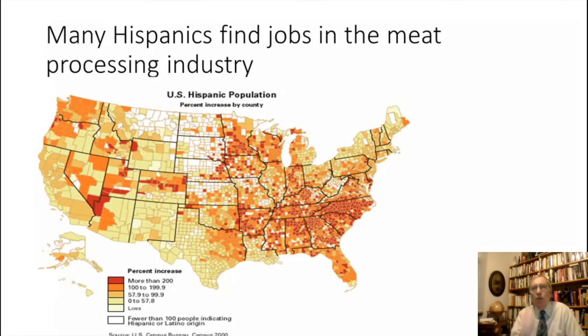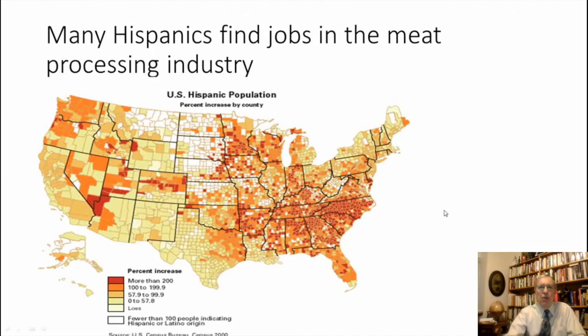Folks get carpal tunnel syndrome, you're on a processing line, chopping blocks of beef into ribs or something. Same motions over and over, hundreds of times a day, and you get carpal tunnel syndrome. A lot of Americans will not take these jobs. And Hispanic immigrants looking for job opportunities now work in a lot of these meat processing plants.